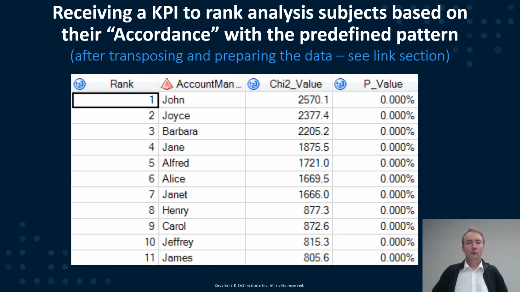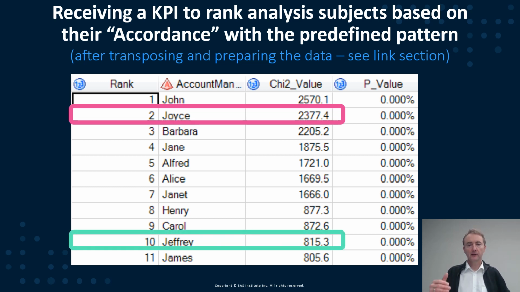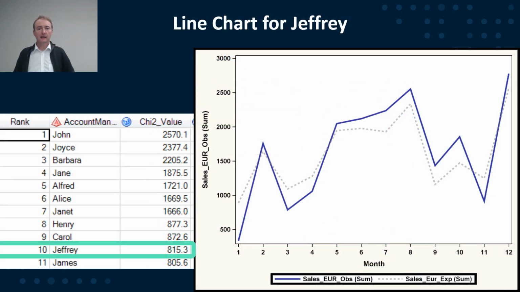Let's now take a look at whether this ranking makes sense, and let's pick two individual account managers. For example, Joyce, who has a very high chi-square value, and Jeffrey, who has a lower chi-square value compared to that. Let's look at their individual trend lines, their individual seasonal patterns, compared with the overall pattern. Let's start with Jeffrey.